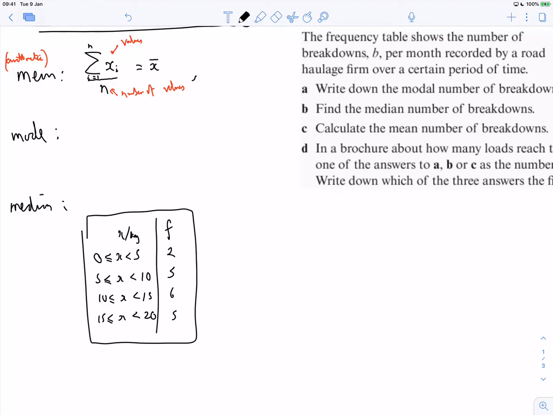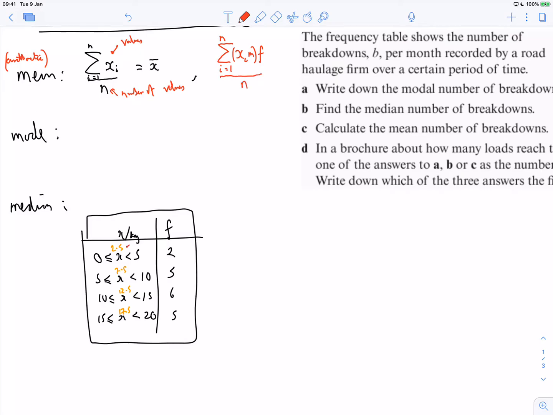Well, first of all, if they're grouped like this, then you would need the midpoint of each one, so 2.5, 7.5, 12.5, 17.5. And then what we would do for grouped is we would do the sum from 1 up to n of xi, the midpoint, multiplied by the frequency, and then it would be divided by n.